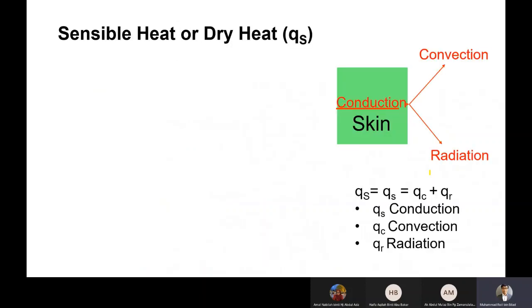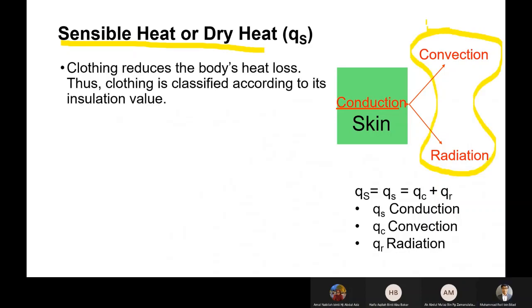Next, this is completely different from last week. When we estimate the sensible heat loss, we use only these two, convection and radiation. When we calculate the convection, it will be affected by the clothing that you use. You can use full body covered clothing, a woman with a scarf, with hijab, you will have more insulation, so it will affect the convection rate and radiation rate.